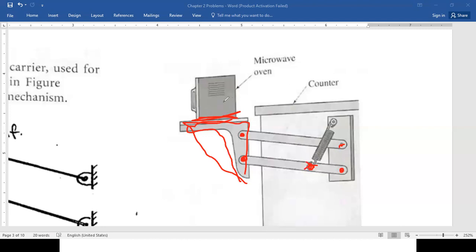Right, but the oven has motion relative to this link, no? If it slides, it sometimes translates. Okay, true. But the idea is that you place an object and you want to move this object from one location to the other. It is not directly related to your mechanism, not part of your mechanism.